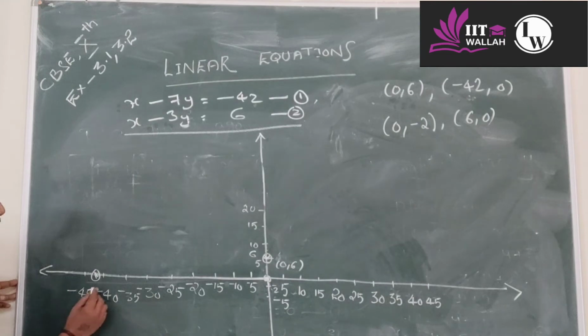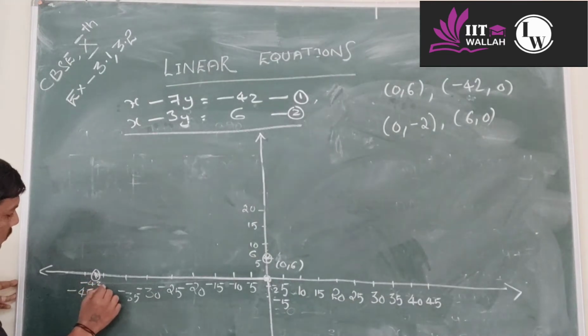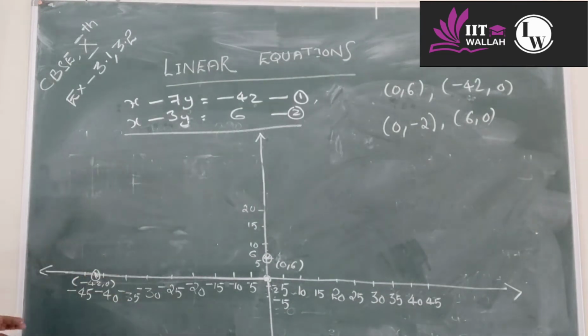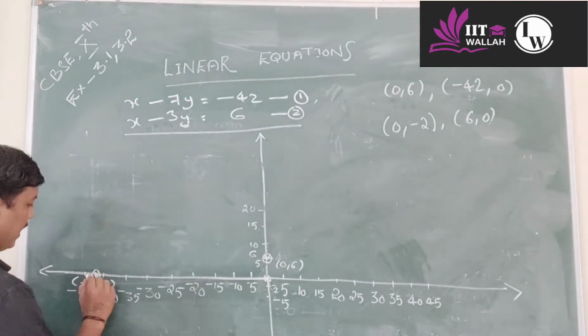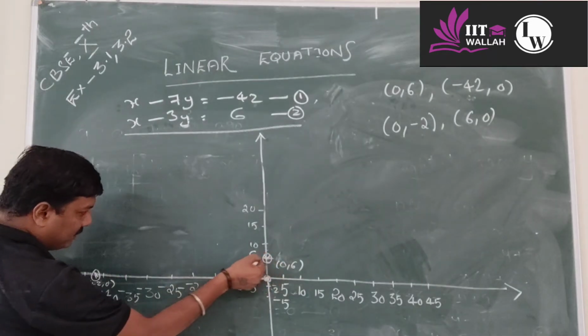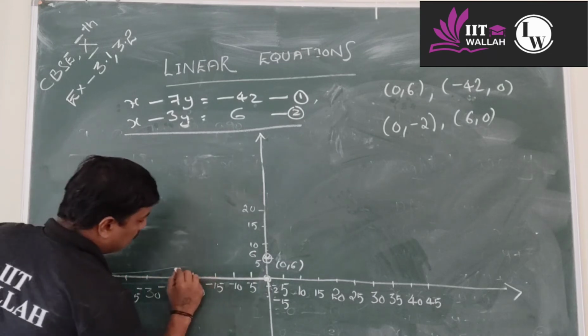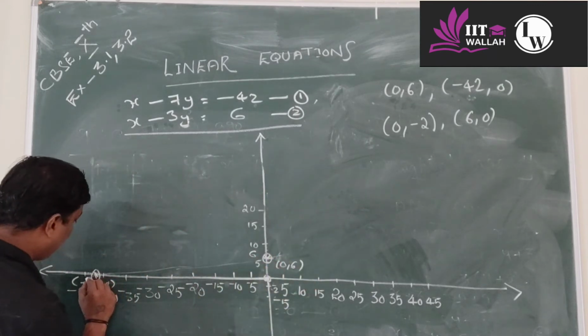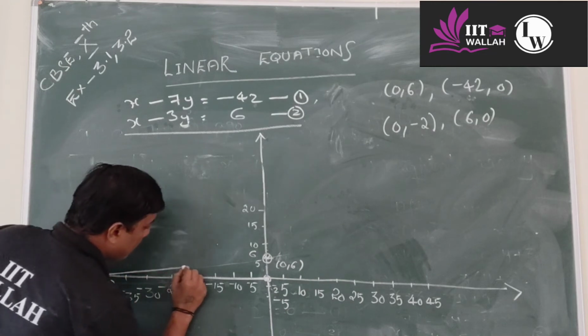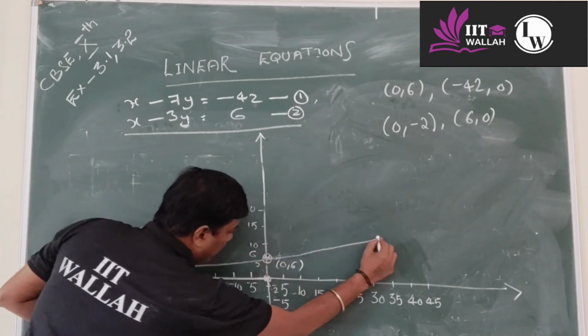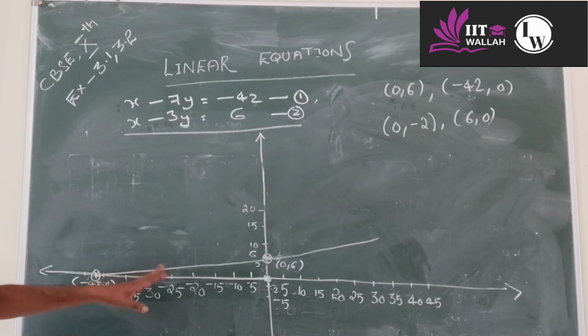This point is minus 42, 0. Now you can draw the straight line like this. See, join this and this. You can join this and this like this. Okay. So we got a straight line like this.